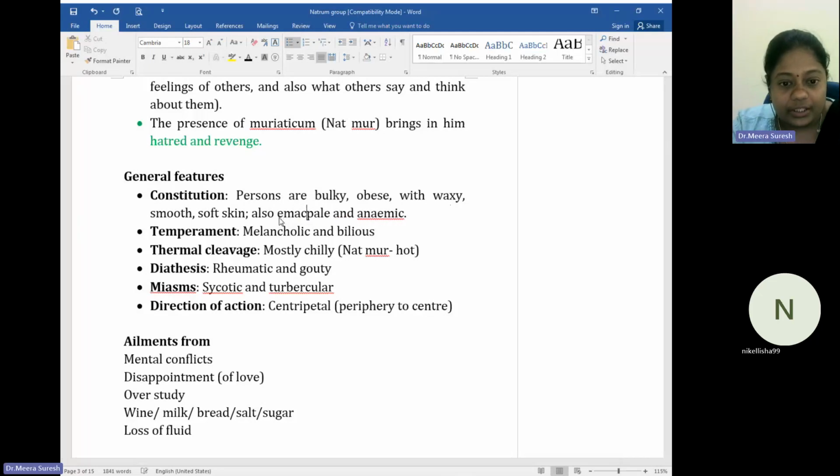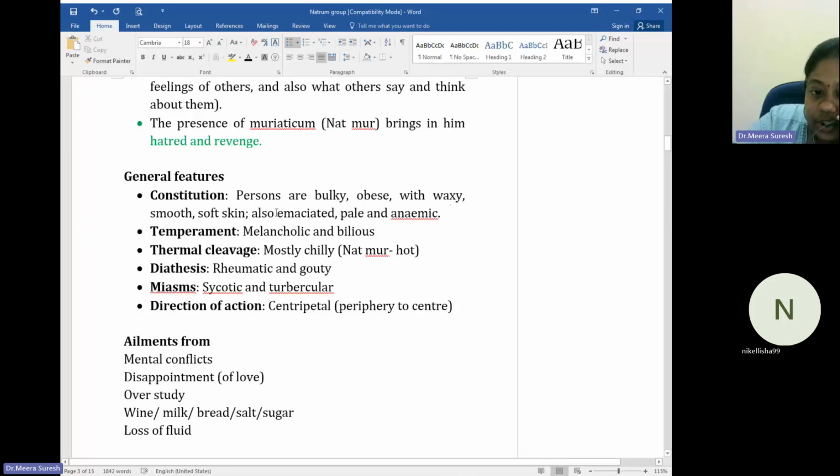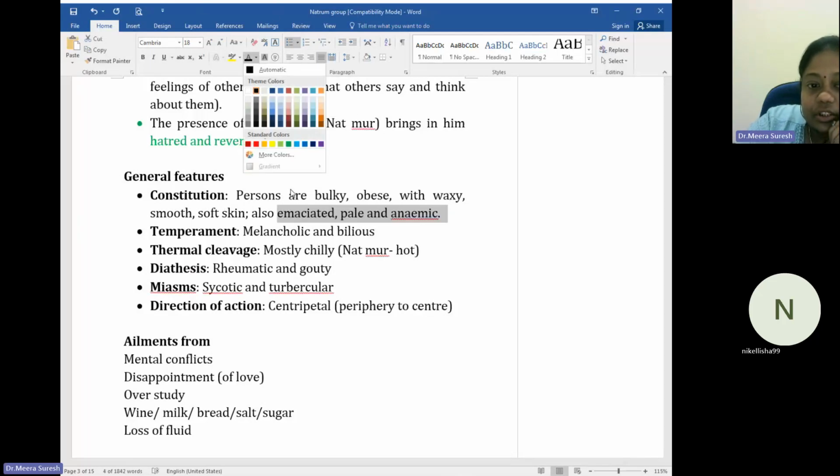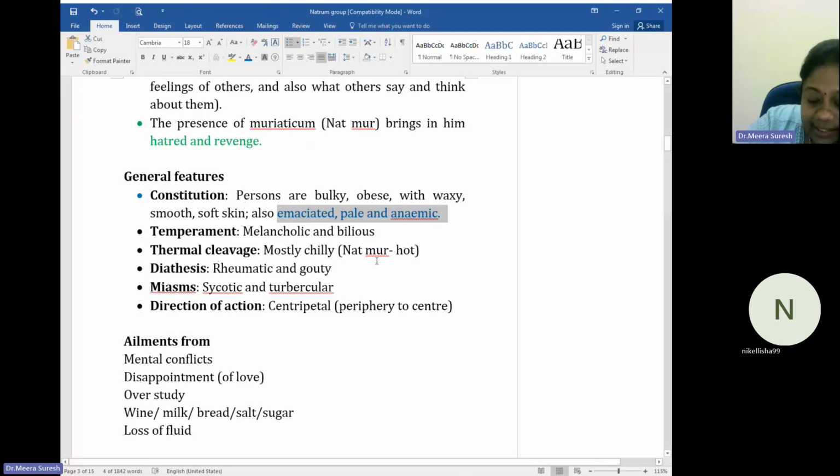So both constitutions are possible, but especially because natrum mur is more of a constitutional remedy, the medicine we prescribe more frequently, the more important constitution will be emaciated, because they have that marasmus feature. Even when they are eating well, they lose flesh. What is seen in hyperthyroidism also.